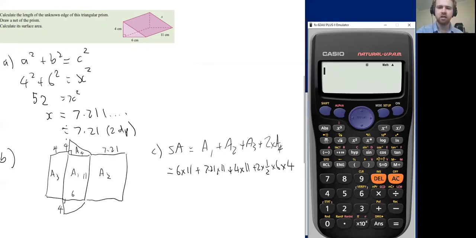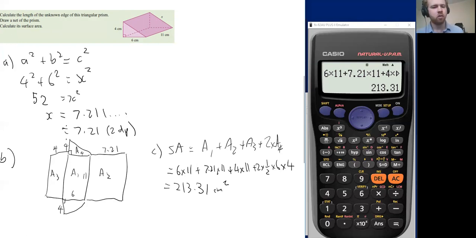Okay, and then I can write this out in my calculator to make sure it is all correct. 6 times 11 plus 7.21 times 11 plus 4 times 11 plus 2 times a half times 6 times 4. Okay, go through, check you got times and pluses in the right place. All good. Press equals, and voila. And we're in centimeters squared again.